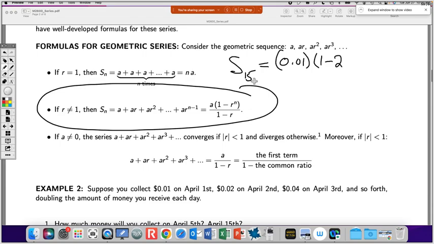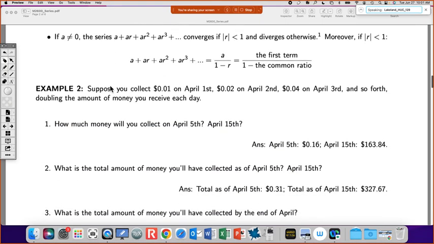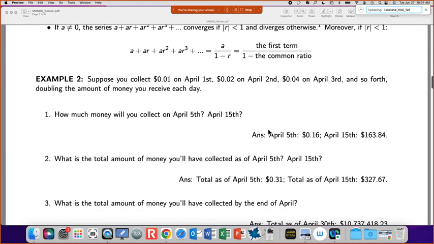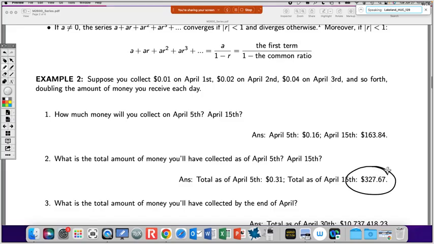How many days here am I looking at? 15 over 1 minus R, 1 minus 2. So you can see what will happen here. This will be a negative 1. So total collected on that day, that'd work out to be $327.67. So halfway through the month, if you're doing this scheme, you've raked in like $328. You follow?